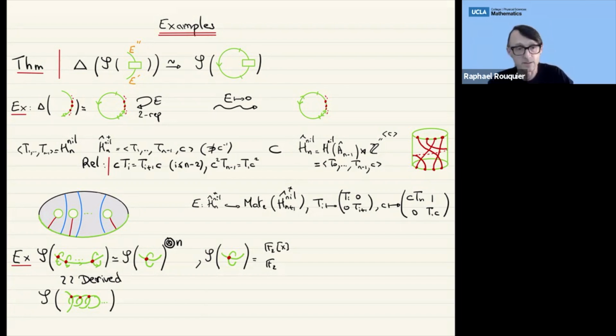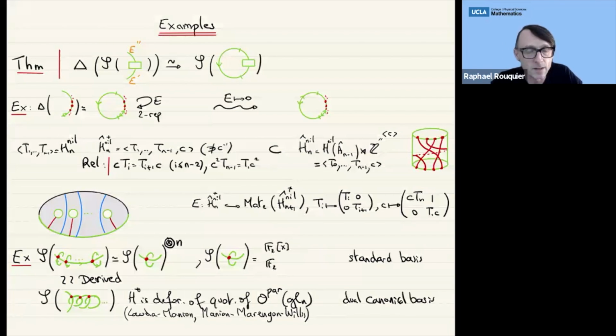All right. So now, in joint work with Manion, Willis, and with Lauda, they have a number of results about this bottom category, which is more complicated in some ways, but nicer in other ways.